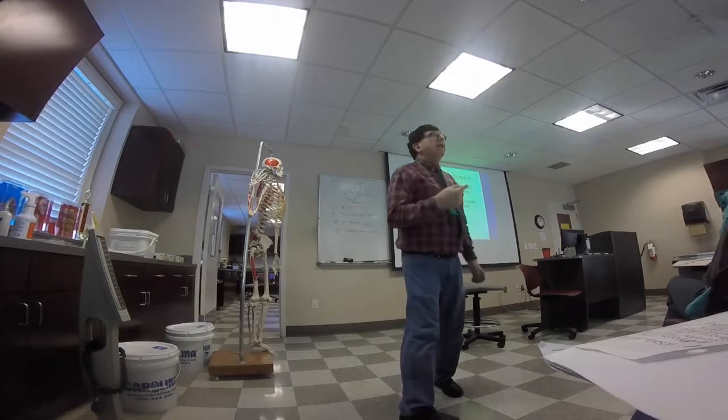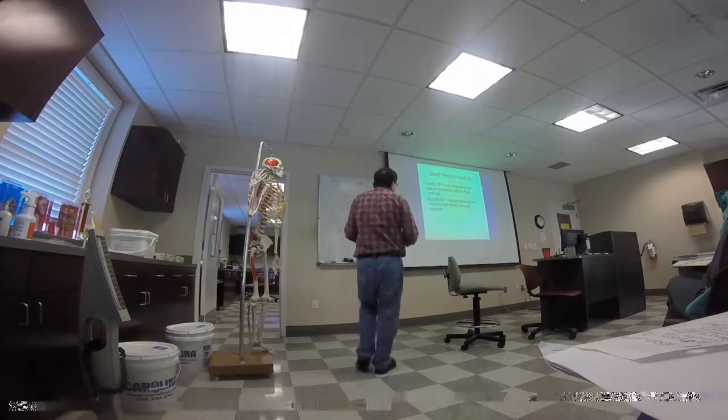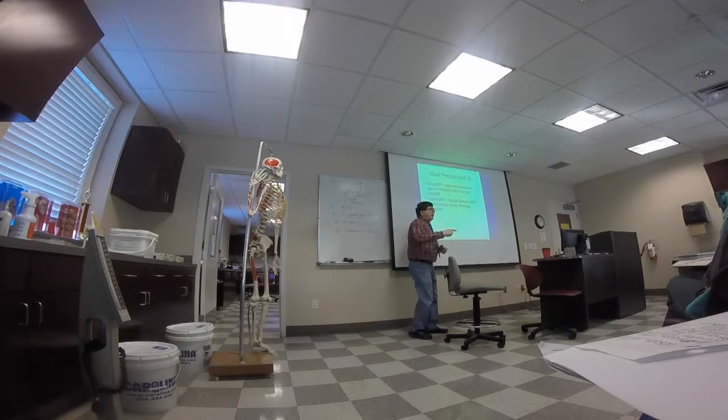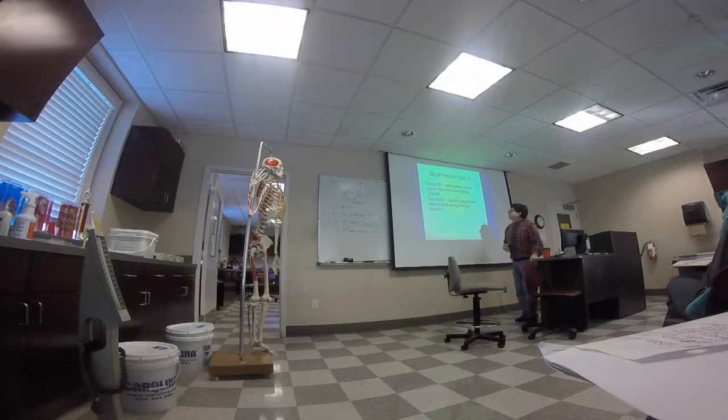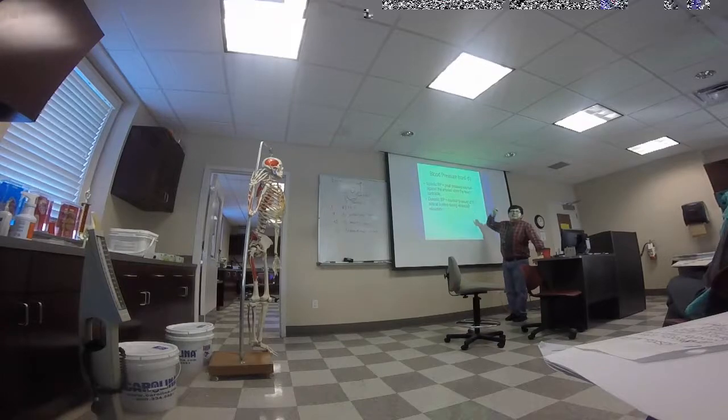That's the systolic. But as soon as the heart begins to relax and that blood within those vessels is propelled forward, the pressure within those vessels begins to fall. It continues to fall until the next systole.